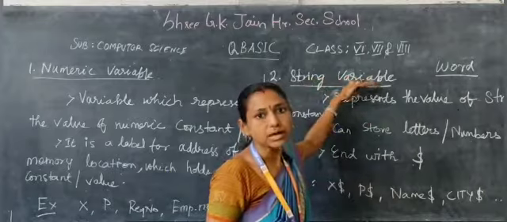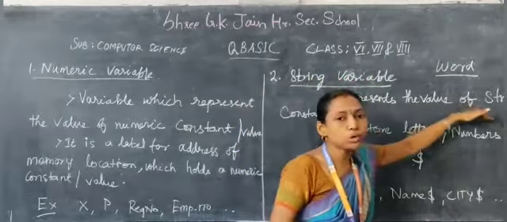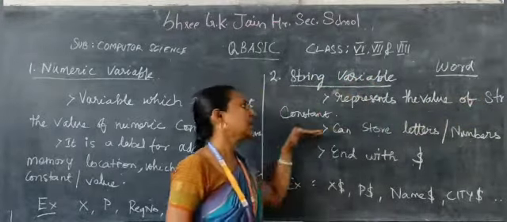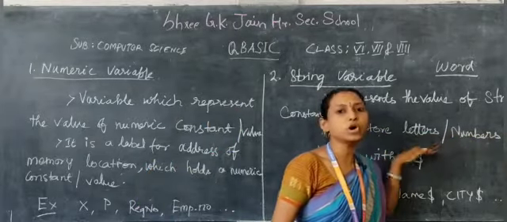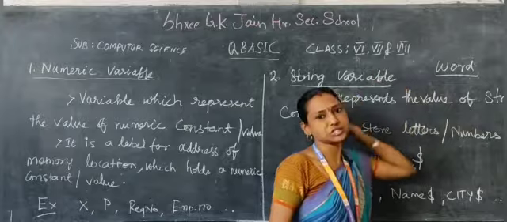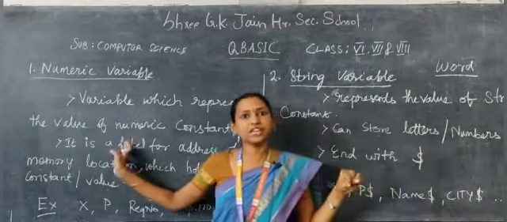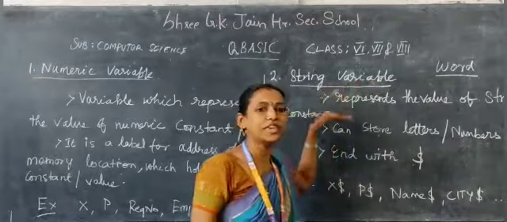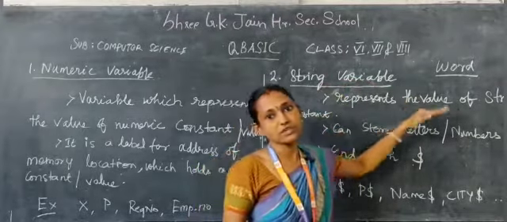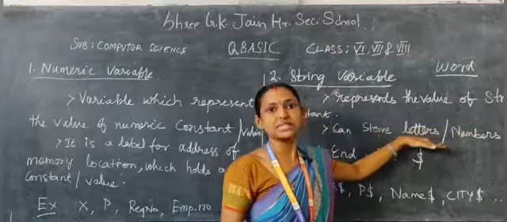A string variable represents the value of a string constant and can store letters or numbers. Both can be stored in the string variable. In a numeric variable, we can store only numbers. In a string variable, we can store numbers as well as strings, letters.